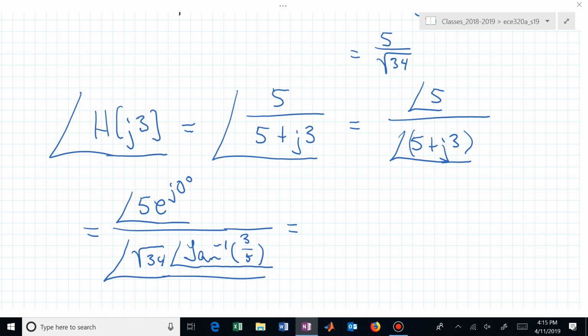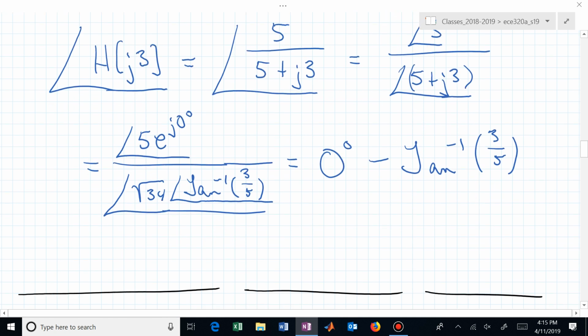Now if we're looking at the angle overall, we have the angle from the numerator, that was 0 degrees, and we subtract this angle from the denominator. This is now minus 30.96 or 31 degrees. That's the phase change.